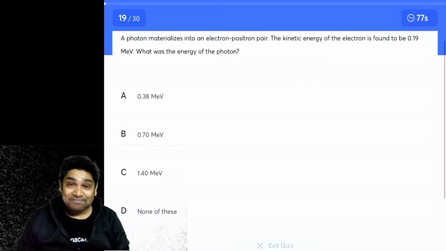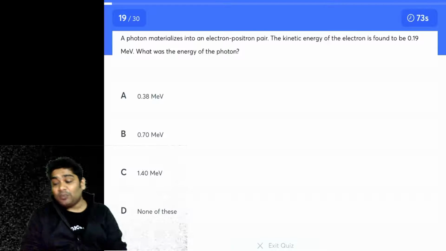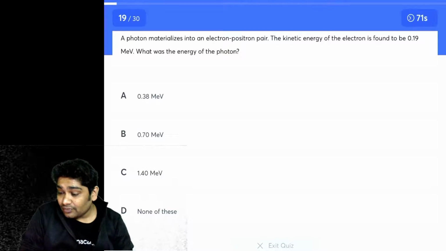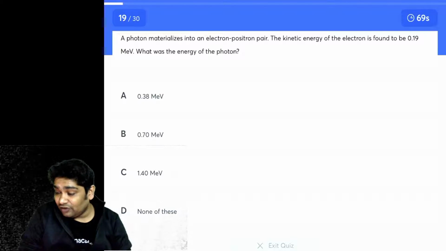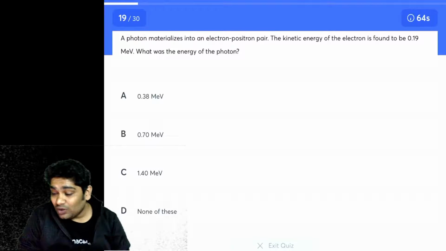All right, so here, let's go to the next question. A photon materializes into an electron-positron pair, and the kinetic energy of the electron is found to be 0.19 mega electron volt. What is the energy of the photon?